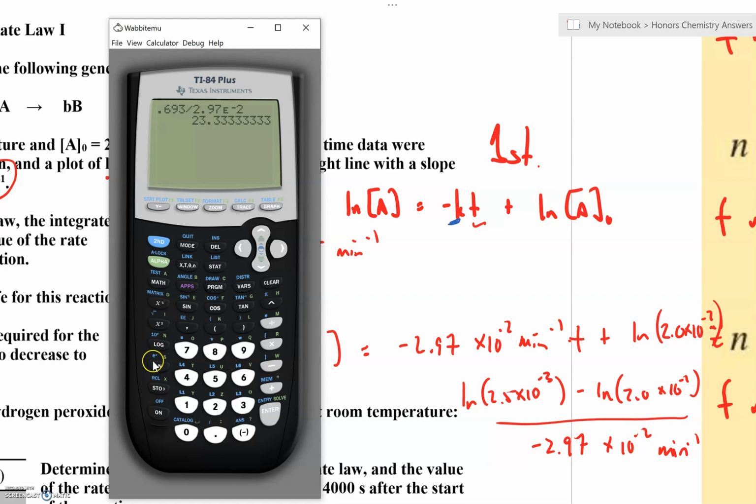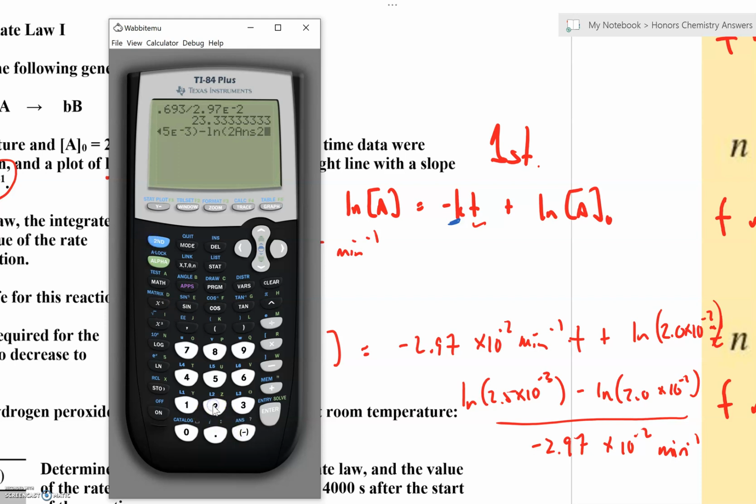And we're going to say natural log of 2.5 times 10 to the negative 3 minus the natural log of 2 times 10 to the negative 2.